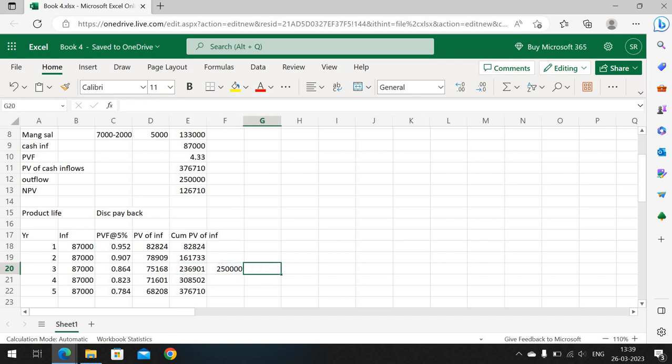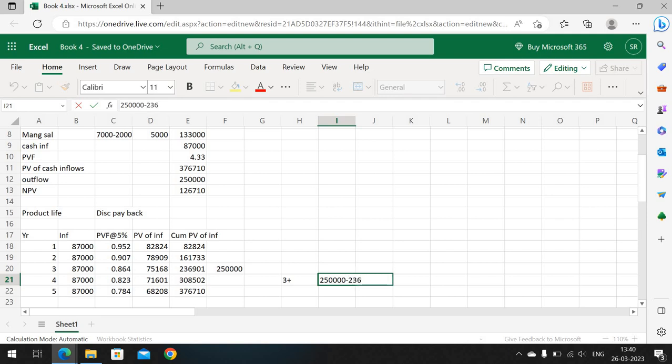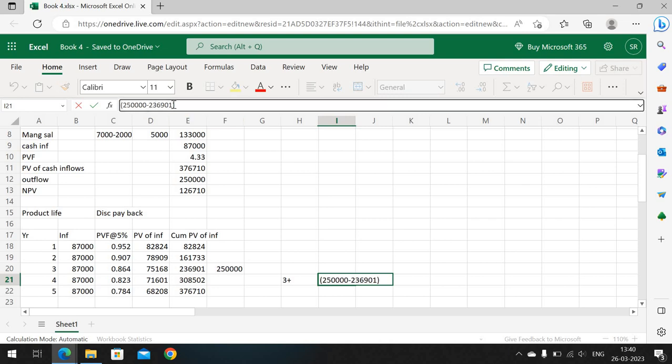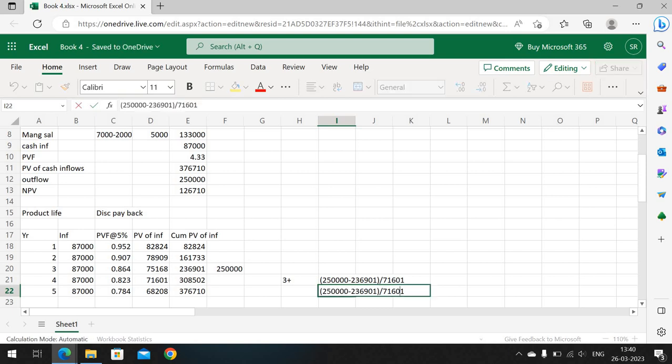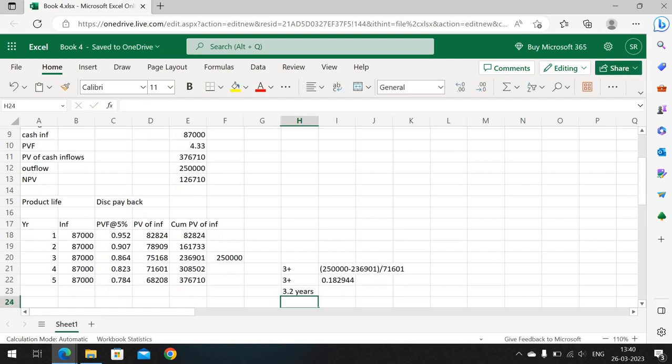A little bit is balanced, which we will recover in the fourth year. So 3 years plus 13,099 divided by the fourth year income, 71,601. Solving, 0.182, so 3.2 years is our discounted payback.